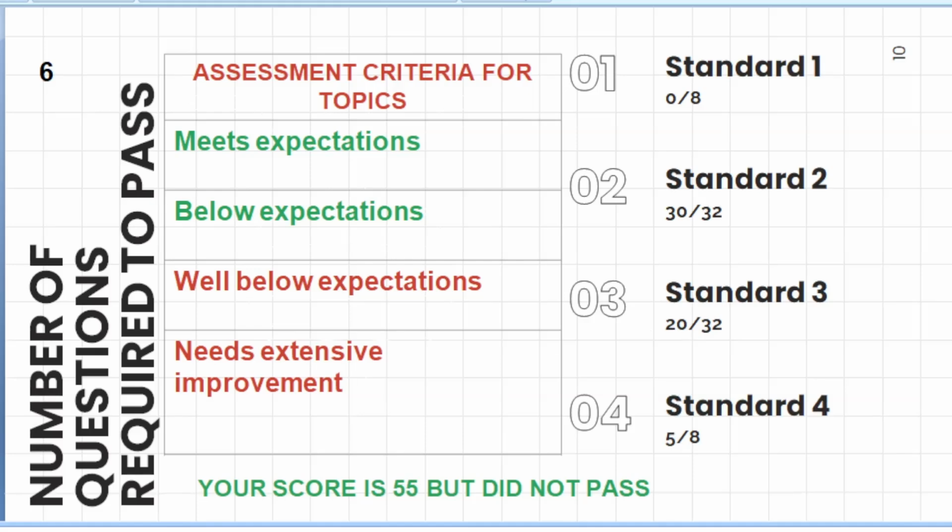But again, let's see, you are meeting expectations in standard 2, you are meeting expectations in standard 3, you are meeting expectations in standard 4. But over here, as you can see, in this part you are not meeting, the score is 0.